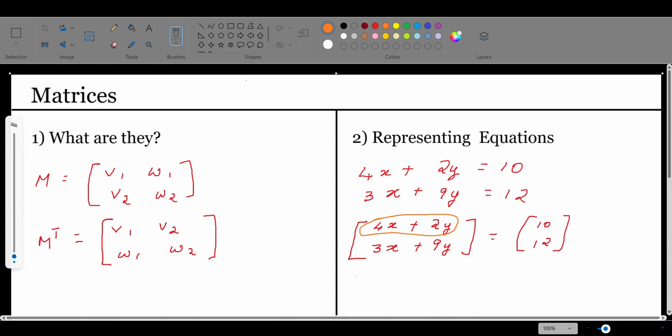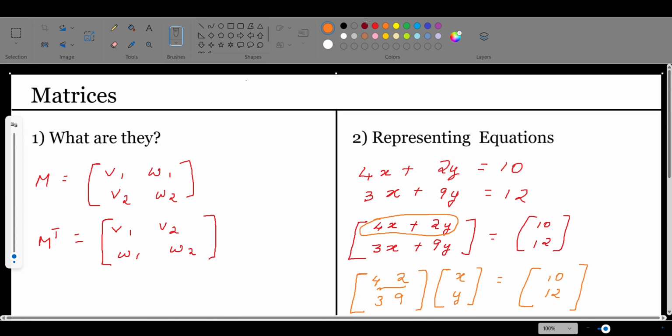So hence we can write it as 4, 2, 3, 9 times x, y equals 10, 12. Now in the last slide we did not discuss matrices, but it's basically the same thing.